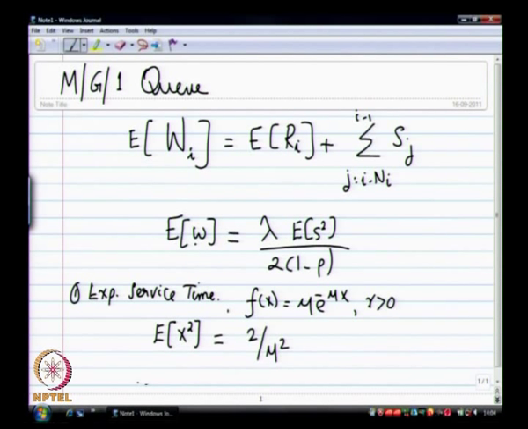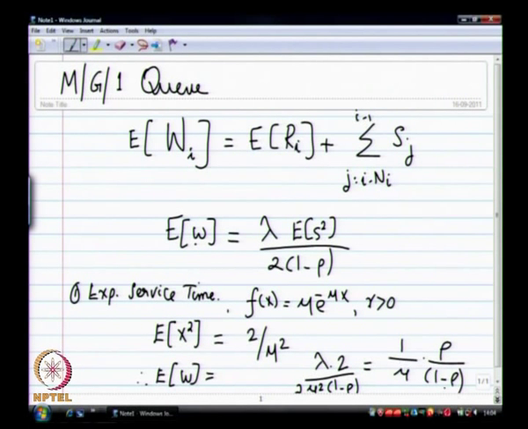So E of W is lambda into 2 over mu squared over 2 into 1 minus rho. So that becomes 1 over mu into rho by 1 minus rho.